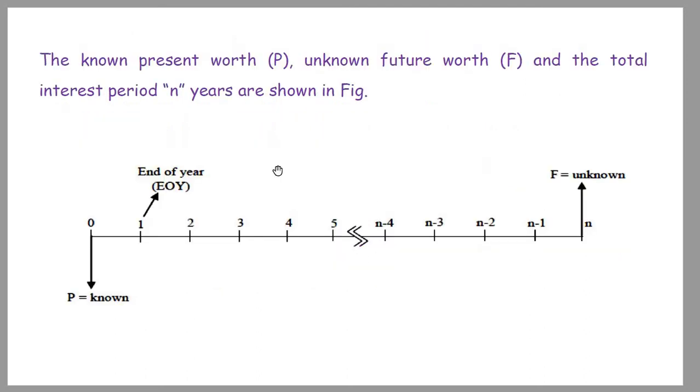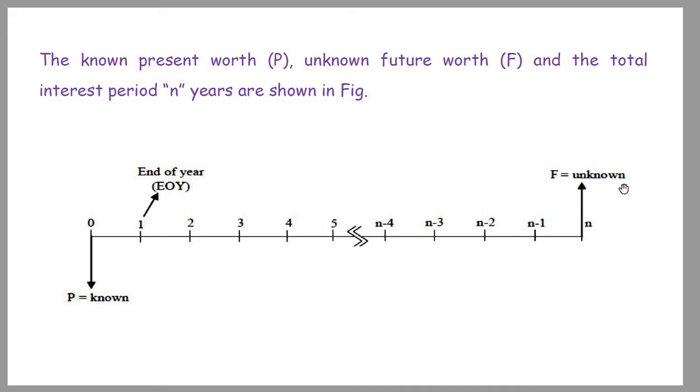So here we have the known present worth P, the future worth F, and the total interest period n, as shown in the figure. We have end of year 1, 2, 3 up to n, so we can consider any value, say 10 years. So in that case n becomes 10.